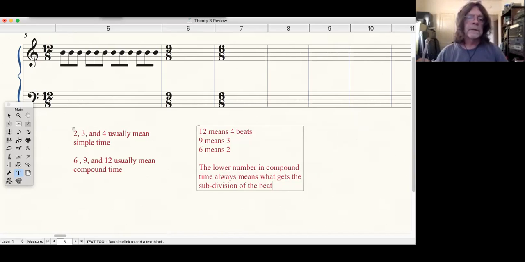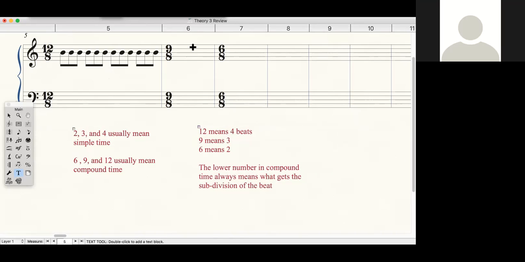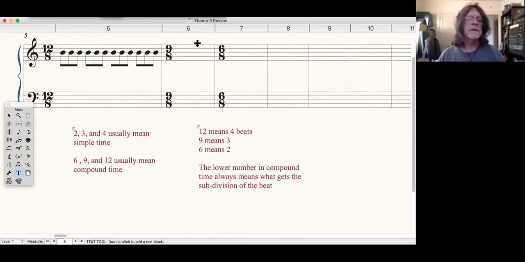So does that make that a little bit clearer? Yes. Okay.